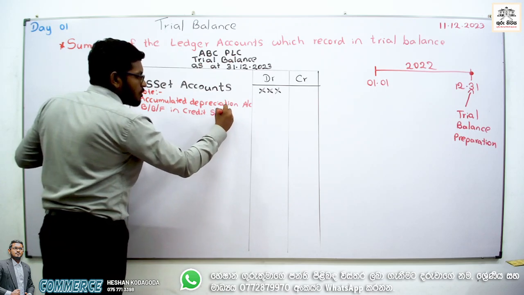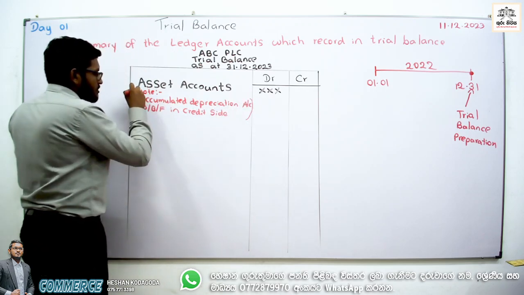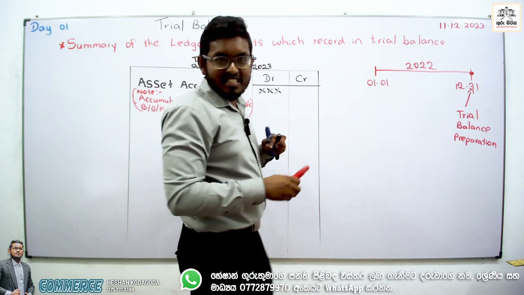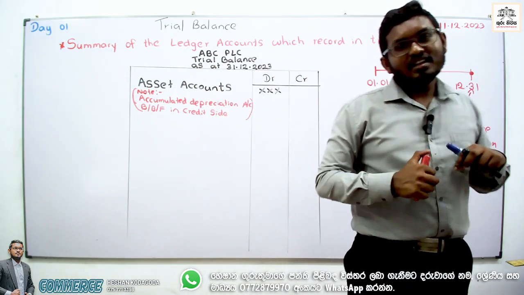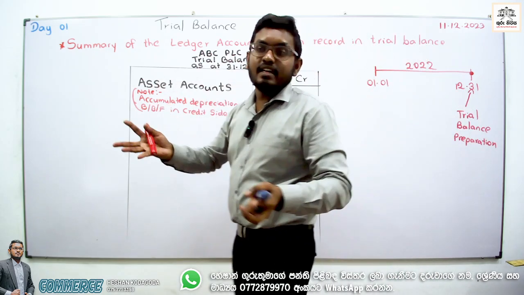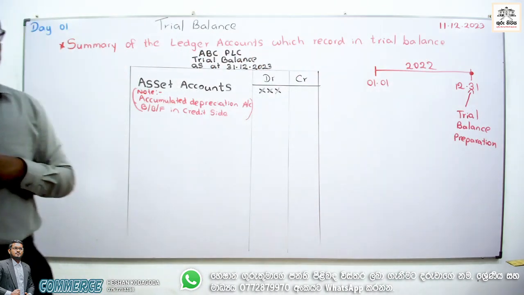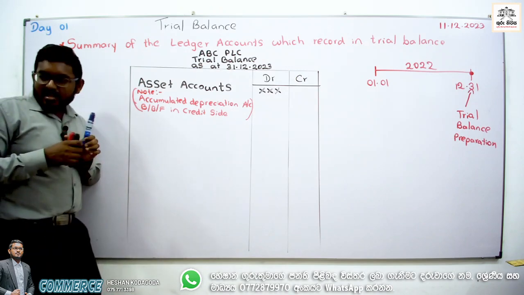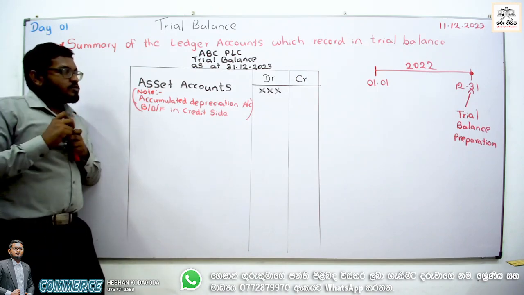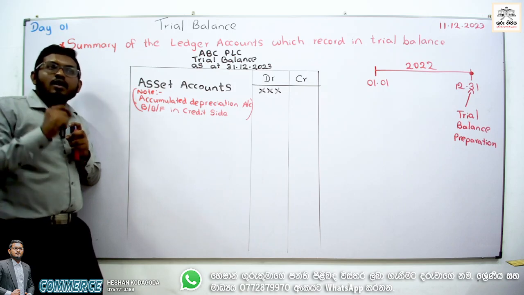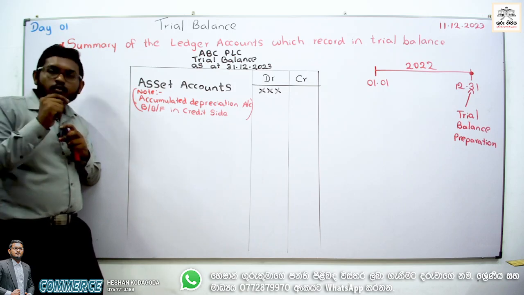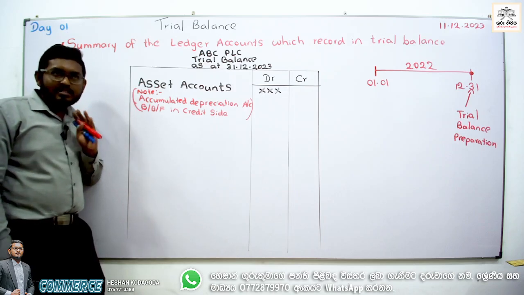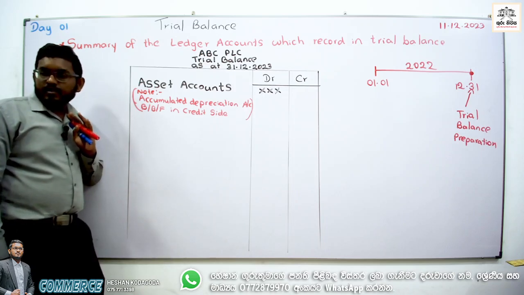Though still you don't know, don't worry about this one. You can understand this one next year. So asset accounts balance brought forward in debit side, but though accumulated depreciation accounts are asset accounts, balance brought forward in credit. Is it okay to you? Right? Just remember, just only the idea.